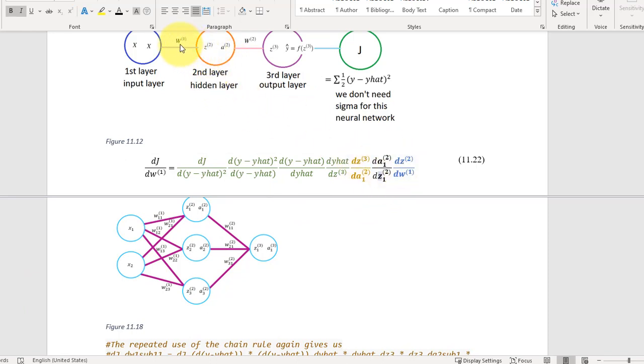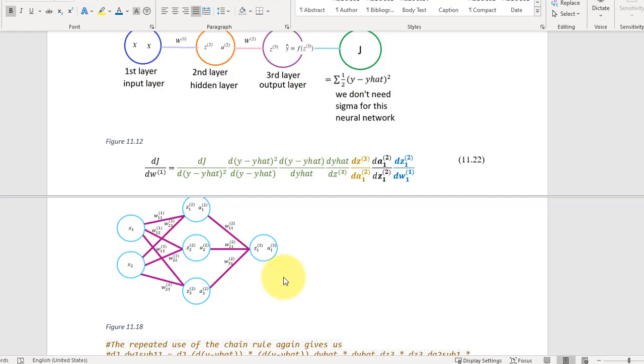And this was w1, but this would be w1 sub 1. So we need to make those changes. And other than that, everything is the same.